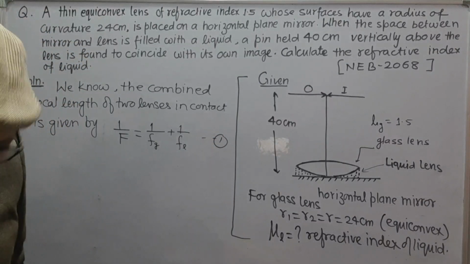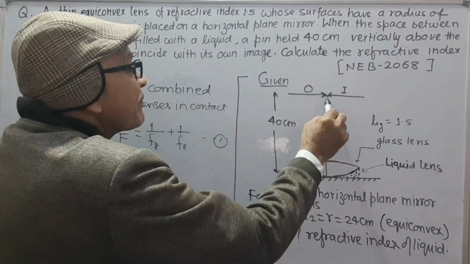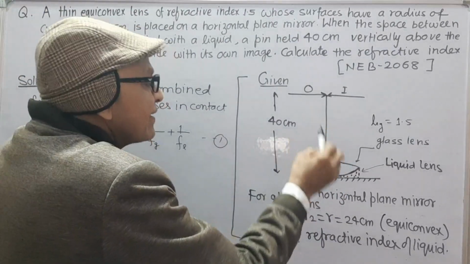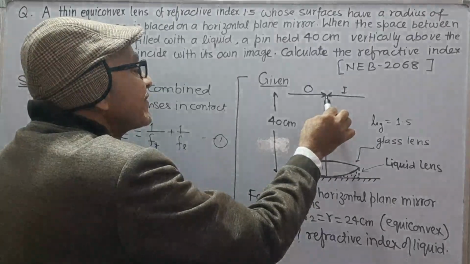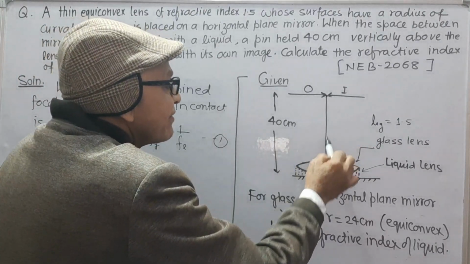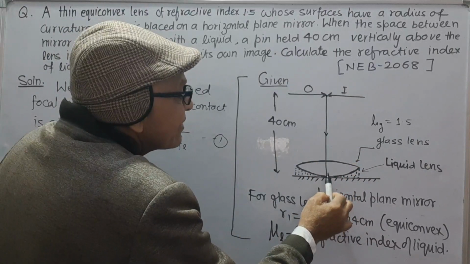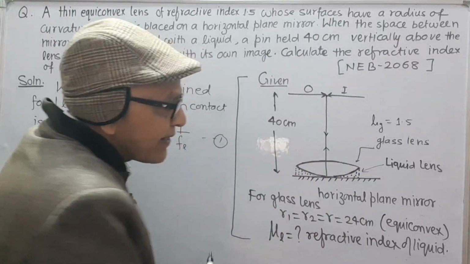Again, if we see this diagram, if this point is the combined focus, then the ray passing from this point vertically downward will be incident on plane mirror at 0 degree, therefore will be reflected back.